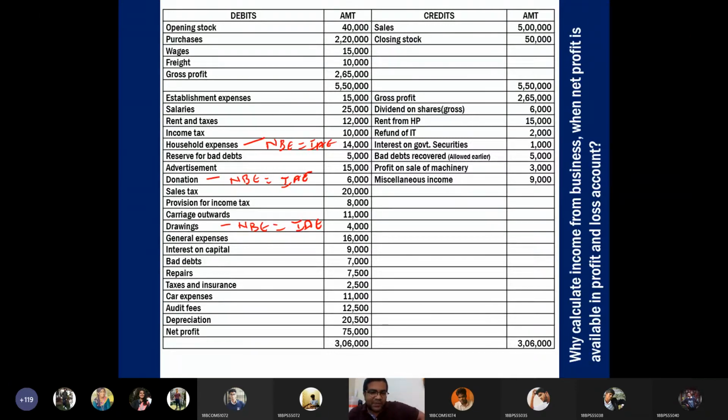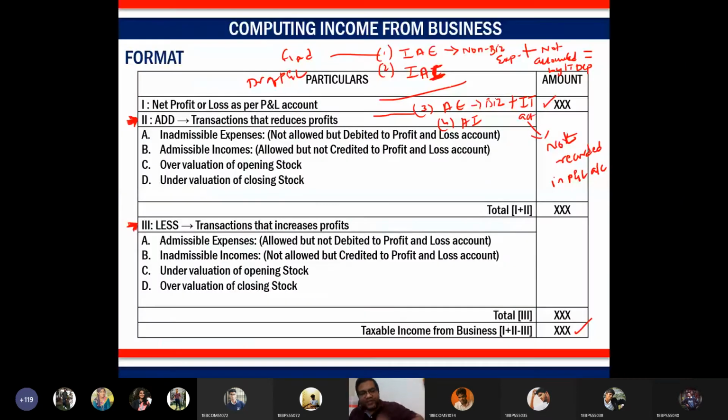But what are admissible expenses? They are business related expenses, allowed by the income tax department, but the assessee has forgotten to record them. They're not there in the profit and loss account. So where will I find admissible expenses? You have to find them in adjustments.